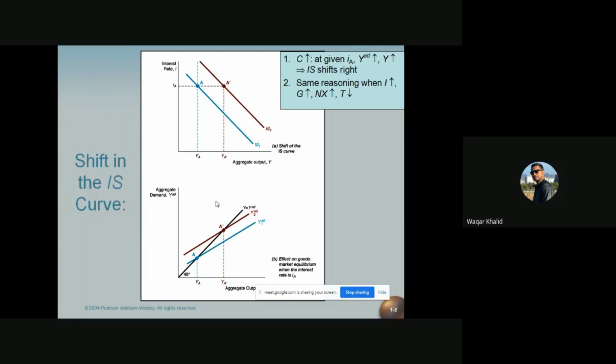For example, from IS2 to IS1. Anyhow, these were the five important factors shifting the IS curve.